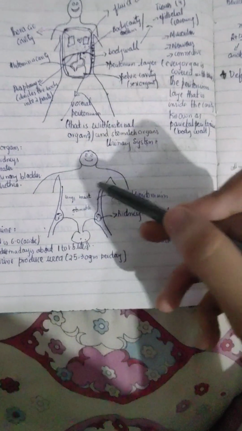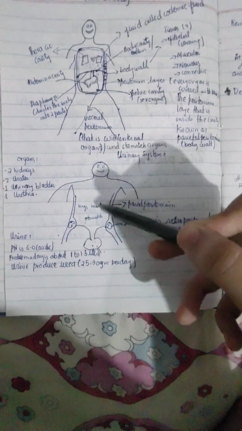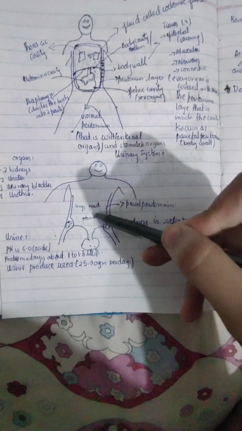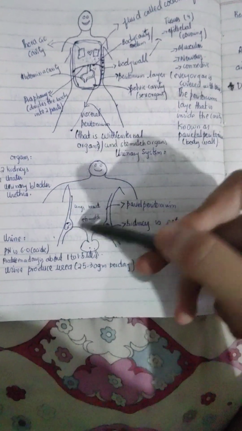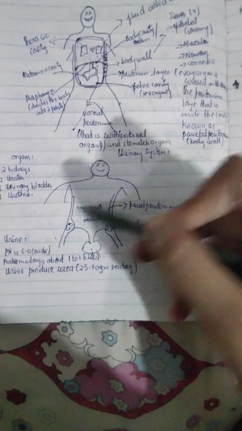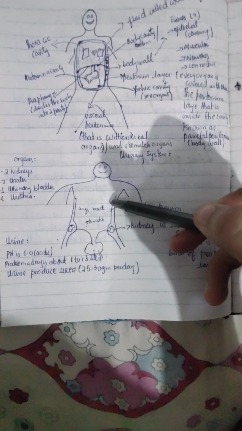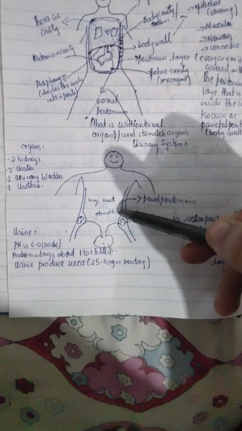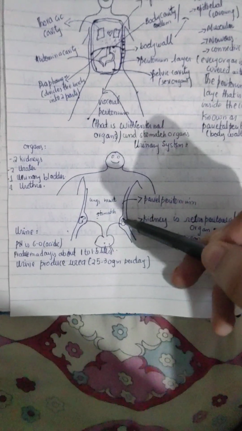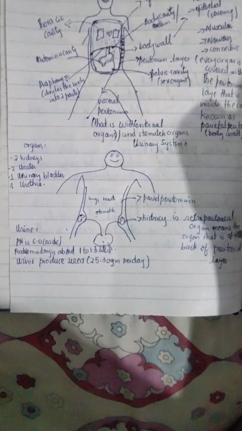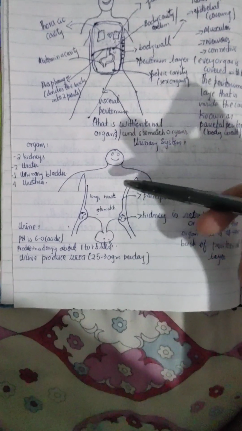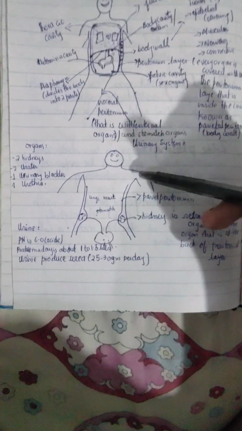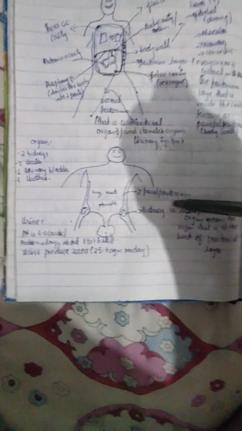As I told you, this is the peritoneum layer. These are the heart, lungs, stomach, the abdominal cavity, the thoracic cavity, and this is the parietal peritoneum layer. You can see that the parietal peritoneum comes up to it, and it is at the back of the kidney, so we can say that the kidney is a retroperitoneal organ.